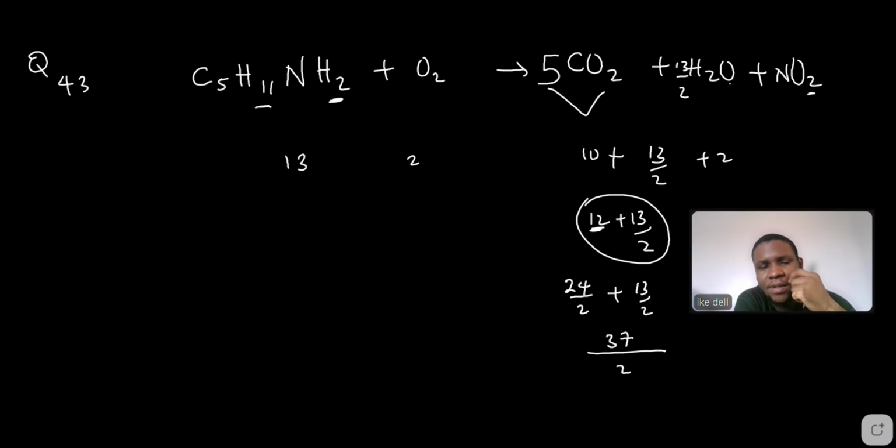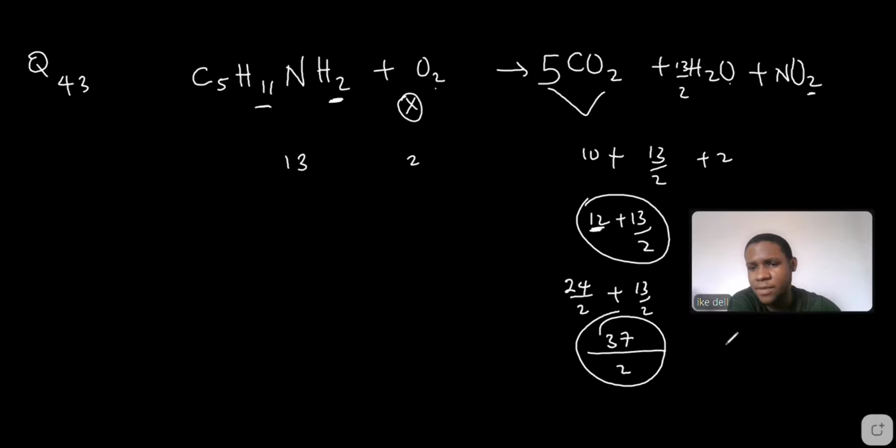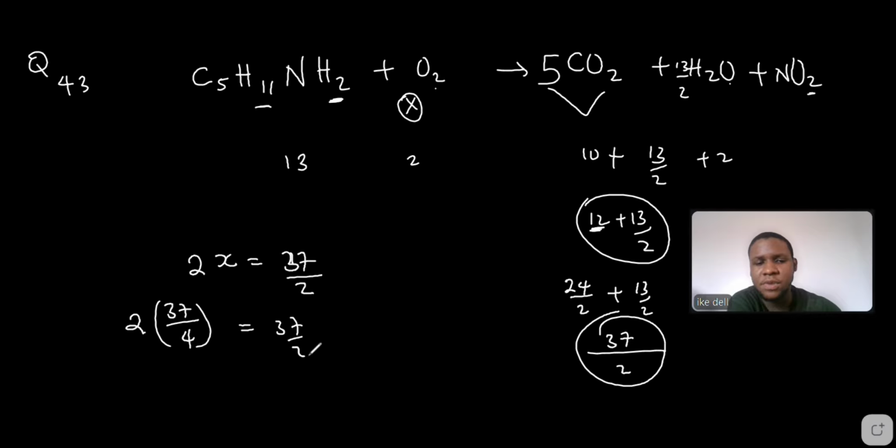Now on the left, that's our reactant side, we have 2 there. But I'm supposed to place something here such that that thing multiplied by 2 gives me the total amount that I have on the right hand side. So something multiplied by 2 should give me 37 over 2. I think it's going to be 37 over 4. If I multiply 37 over 4 by 2, I get 37 over 2.